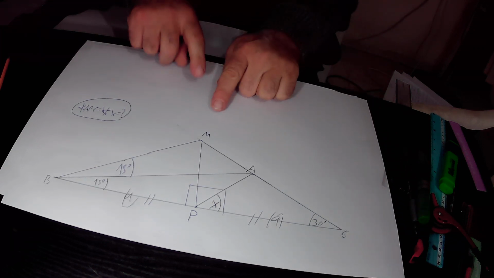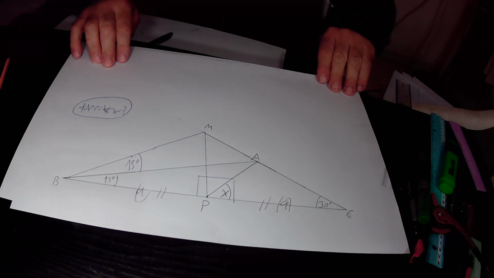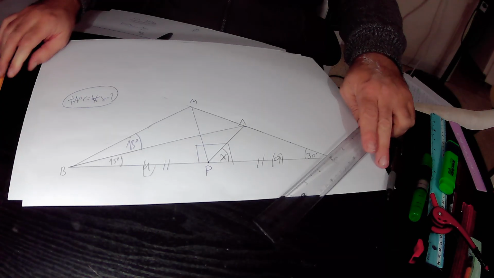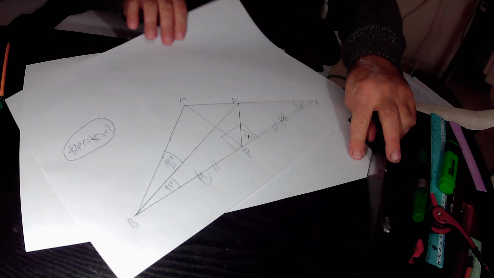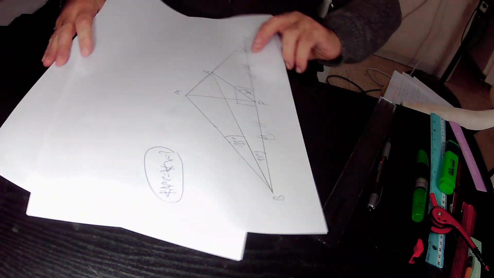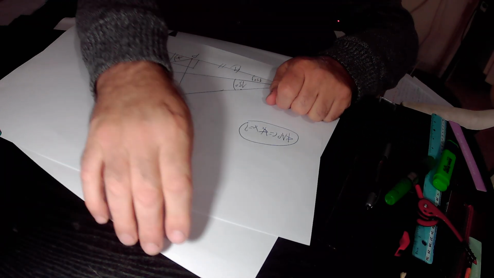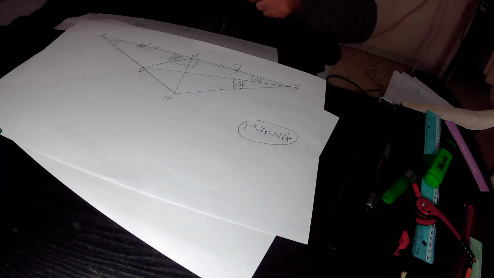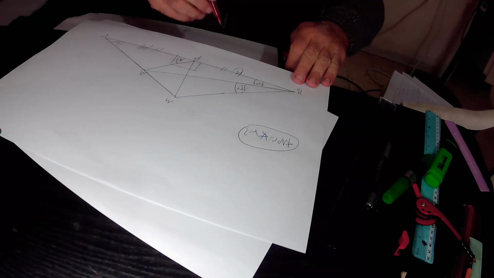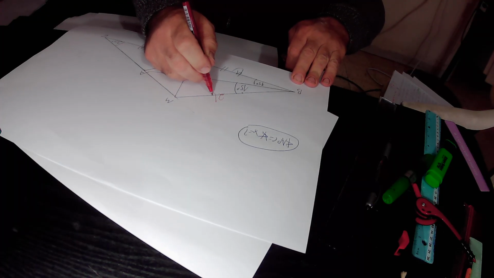We define the length of this hypotenuse MB as 2B units according to our definition.